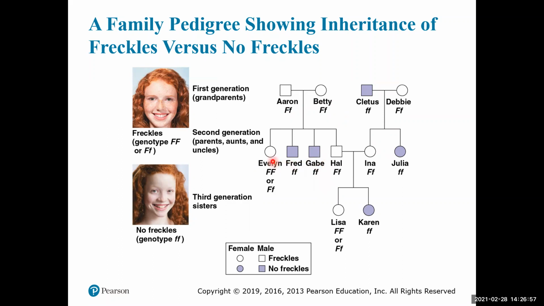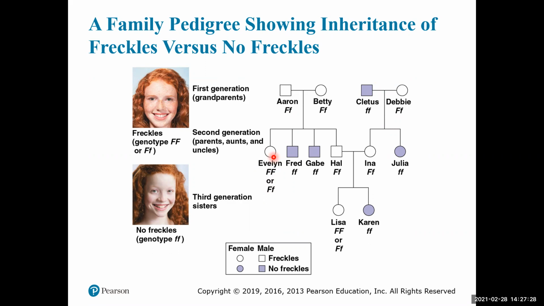And so you can use that information to determine what their genotypes are. But now the one that we can't determine is Evelyn and Lisa because we just don't have enough information. So we know that their parents are heterozygous, but Evelyn, because she has freckles, could either be homozygous dominant or heterozygous. The only way we would be able to find out is to basically track her information and see what the phenotype of her offspring would be.